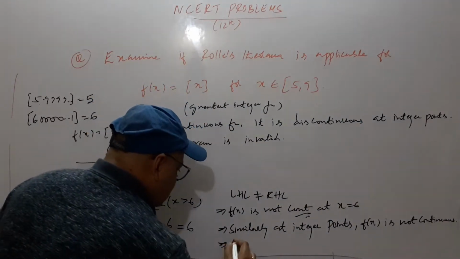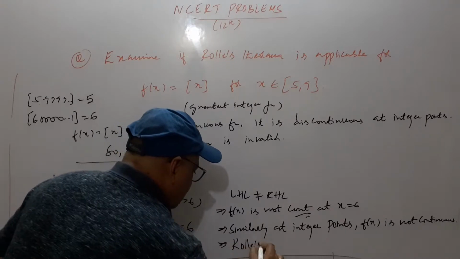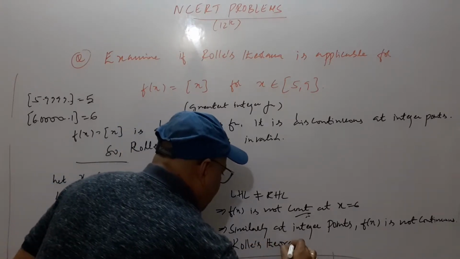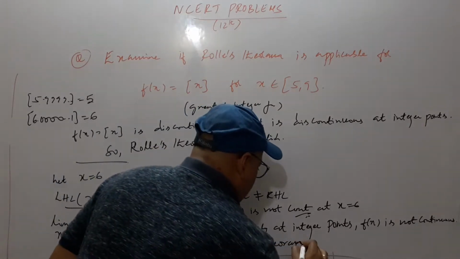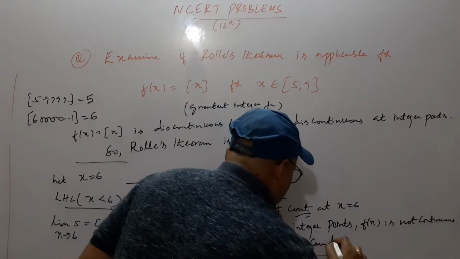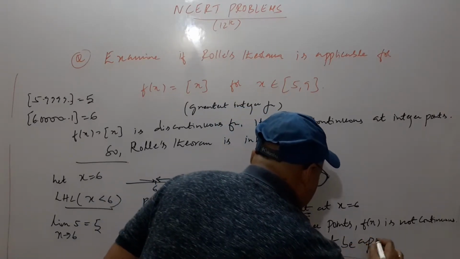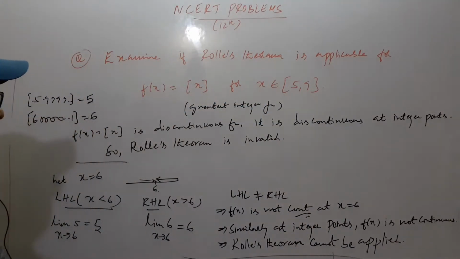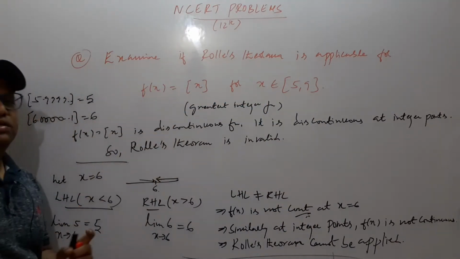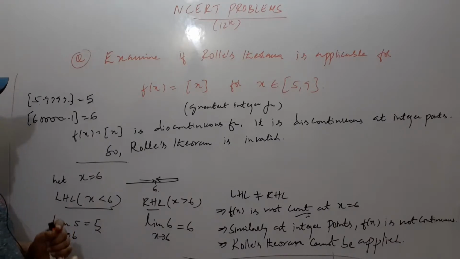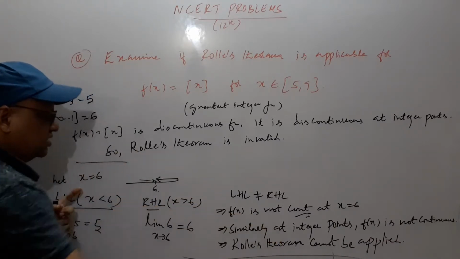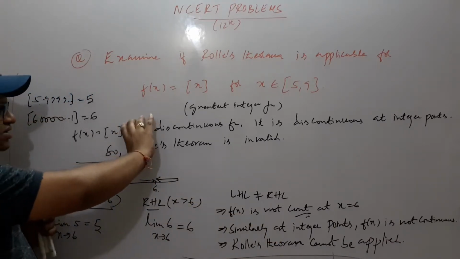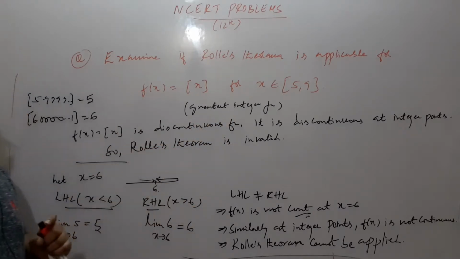So this implies Rolle's theorem cannot be applied or is invalid, because this given function is a discontinuous function. You have to write this if it is a 3 mark question. For 1 mark, the earlier statement is enough. Make a note of this, students.